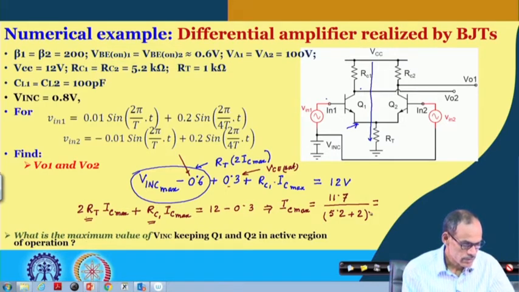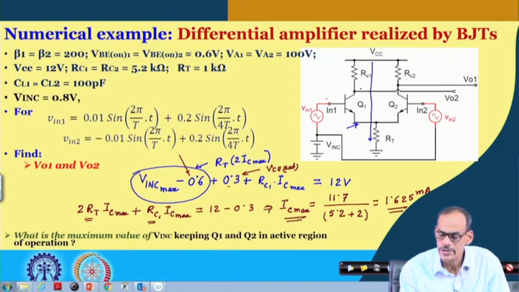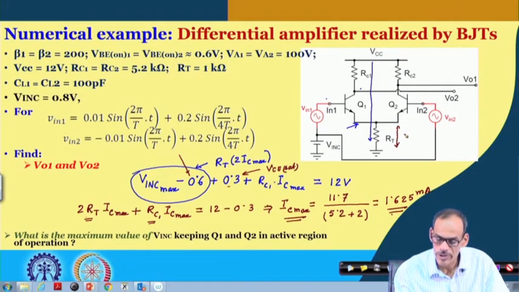I was getting IC max, it was 1.625 milliampere, and this current is creating a drop here, which is 2 times of this current multiplied by this 1 K. So, the corresponding drop here or the emitter voltage here, it will be 3.26.